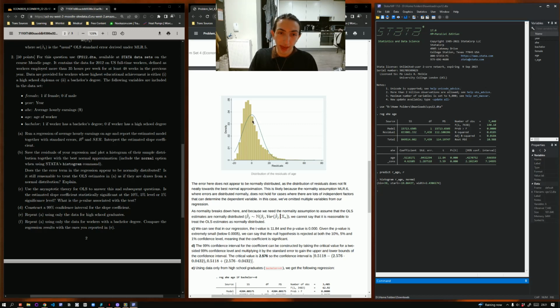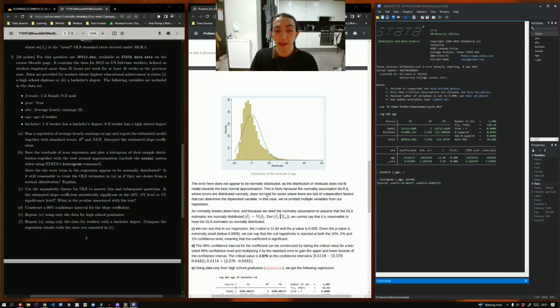What's more, the normal distribution doesn't seem to fit very well, because a lot of the values are jutting out and the long tail doesn't work; you can see values far above here. So it's not reasonable to assume that the OLS estimates are drawn from a normal distribution. That's essentially what you're going to say.